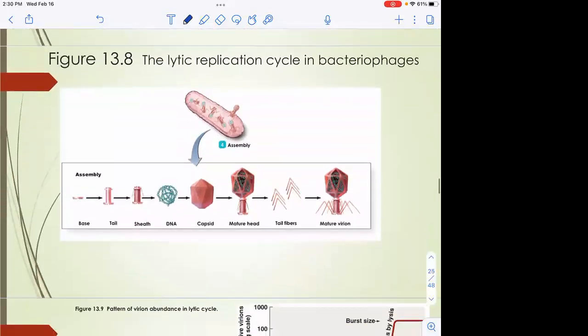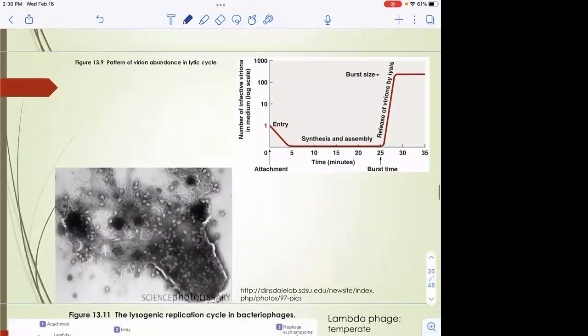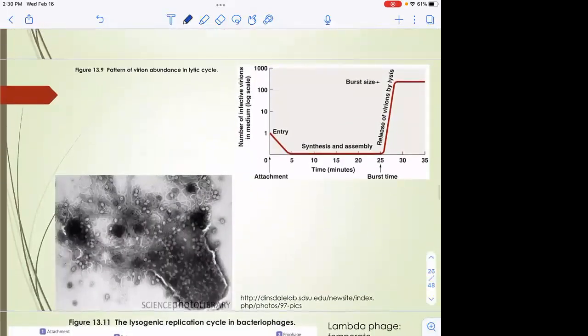So if we look at, I love this picture here of that E. coli, it's in big trouble, right? It's bursting. You can see all these bacteriophage bursting out. You can see here the growth curve looks a little bit different than it would if we were growing bacteria. Say we have one phage entering that bacterial cell.